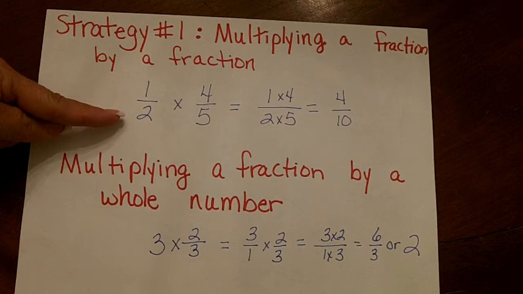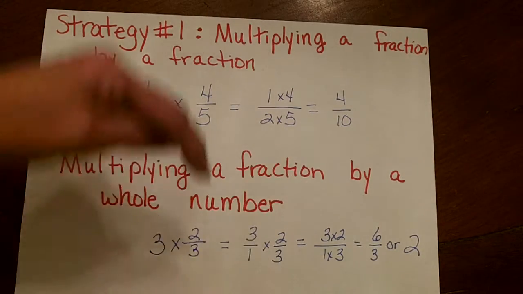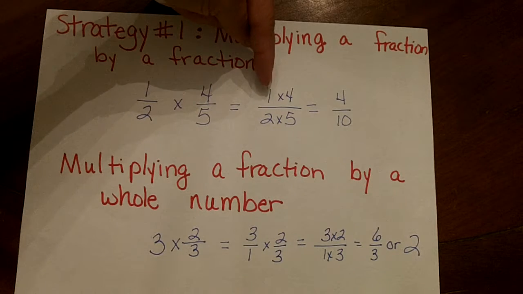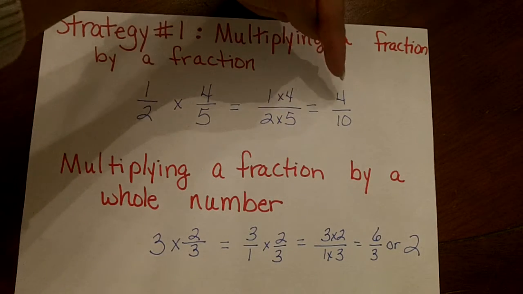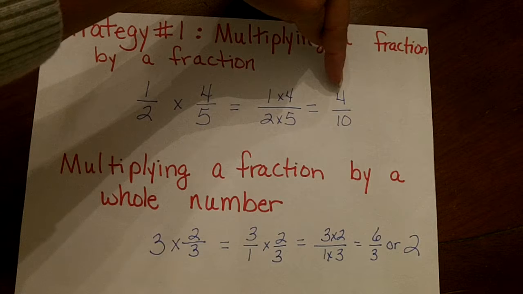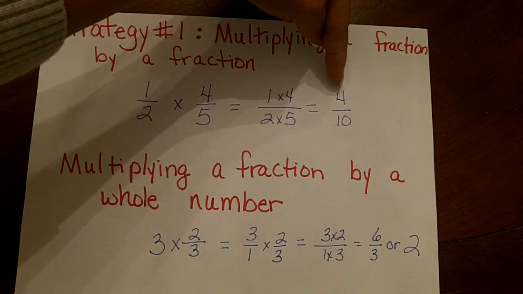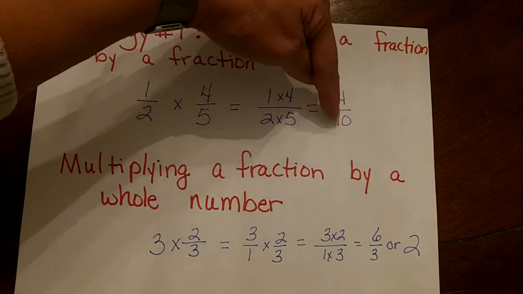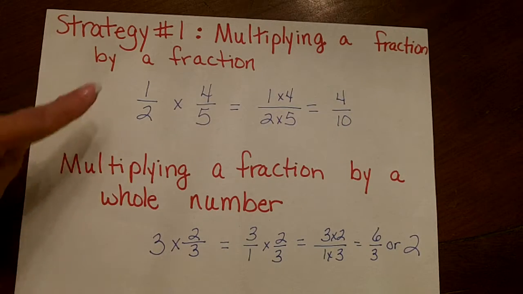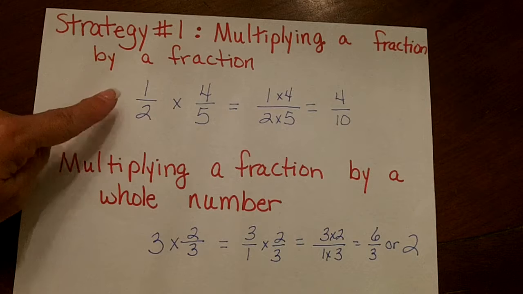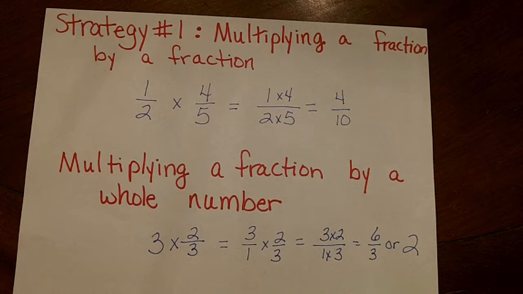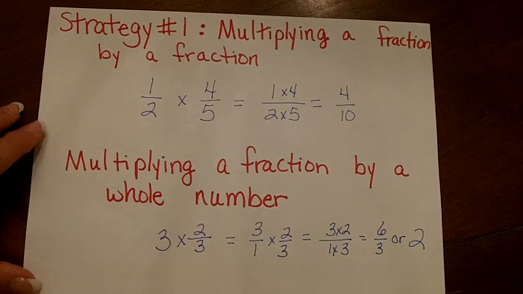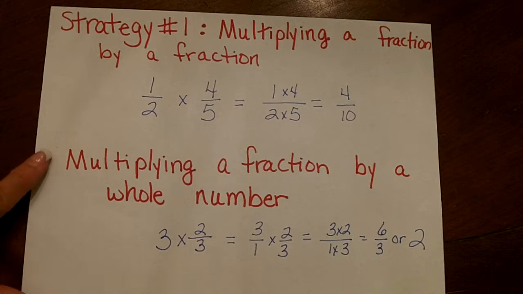And then we're going to multiply our denominators, 2 and 5. So if I multiply my numerators 1 times 4, my answer in the numerator is a 4. 1 times 4 is 4. 2 times 5 is 10. So my answer here is 4/10. I can simplify that fraction, but I'm going to do that in just a minute.